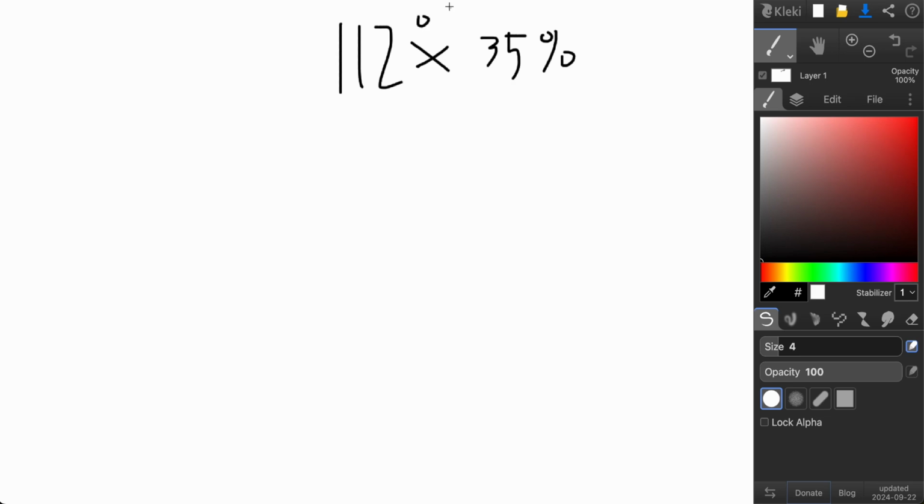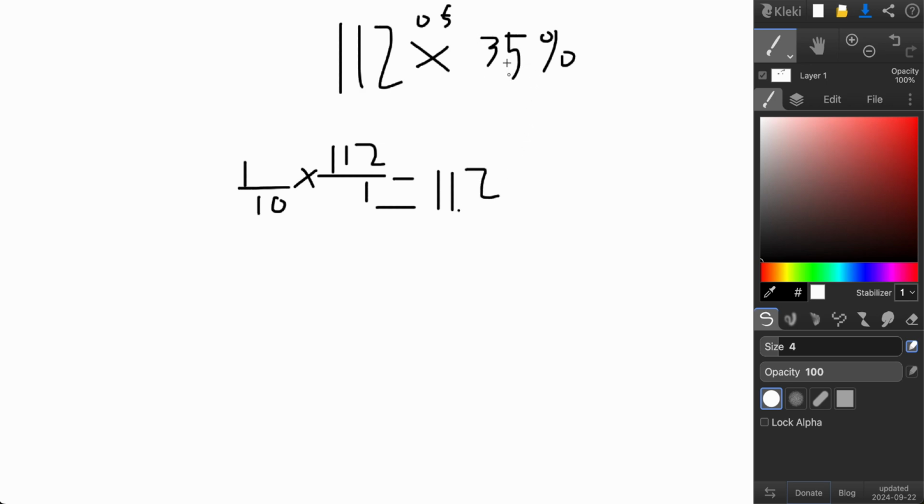Of equals times, by the way. So what you would do is, you would first figure out what 10% is, and that's pretty easy, right? So 10% is also just 1 over 10, so then that would be times 112. You just move the decimal point over, and you get 11.2.